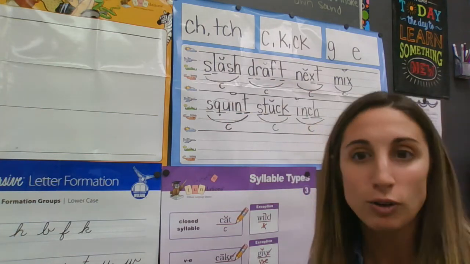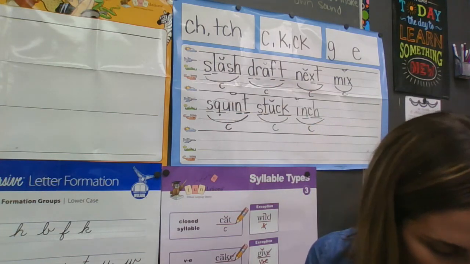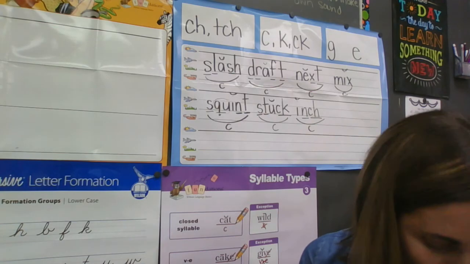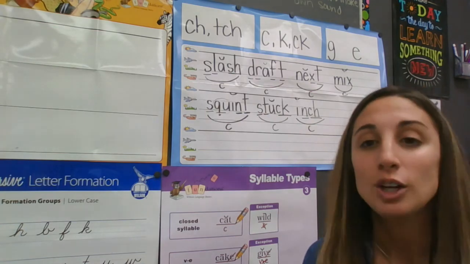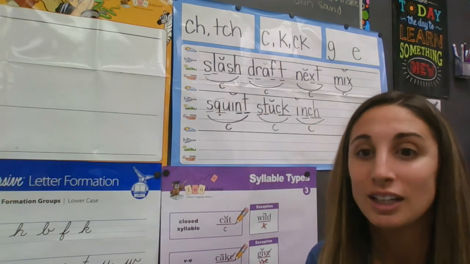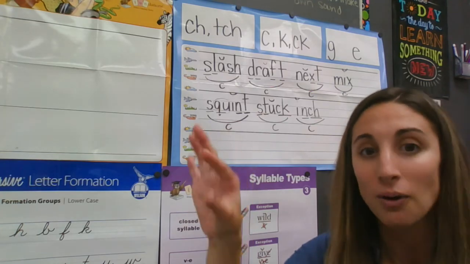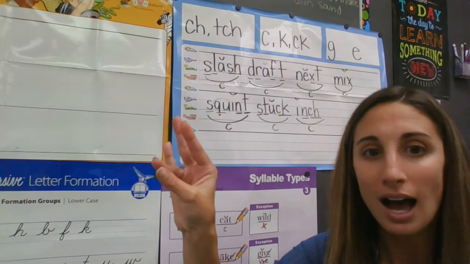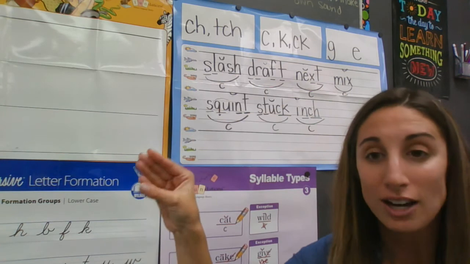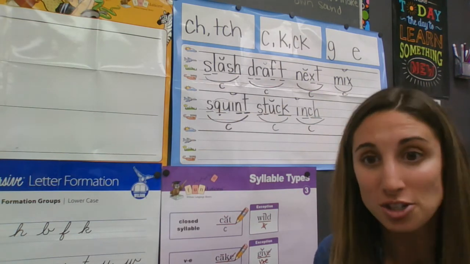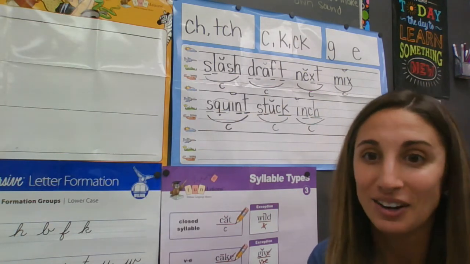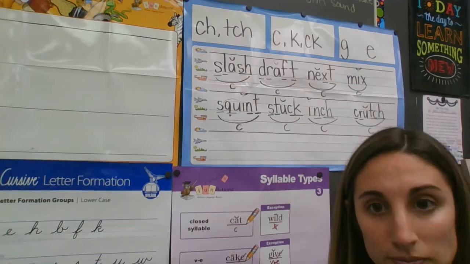All right, and now for number 4, the last one for current words. And your word is crutch. Say it. Crutch. Tap it with me. Go. K-r-u-ch. Crutch. I had to use a crutch when I broke my leg. All right, give it a try.